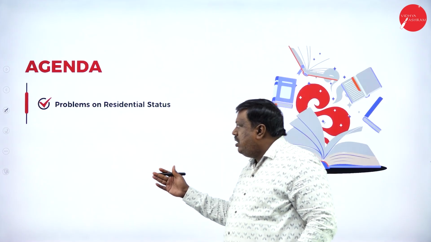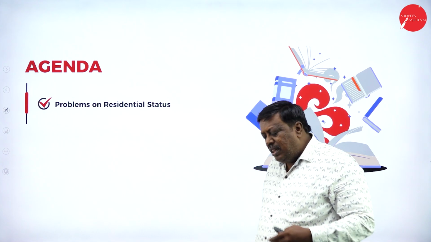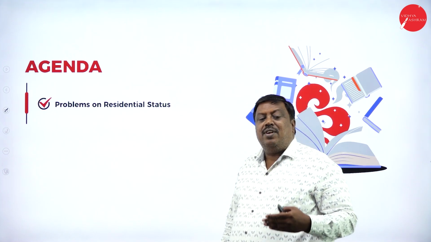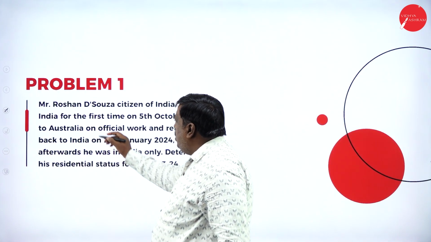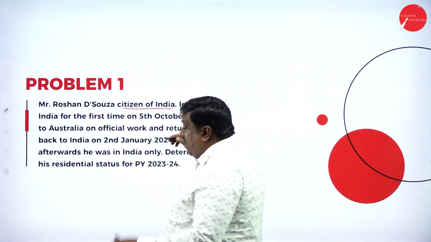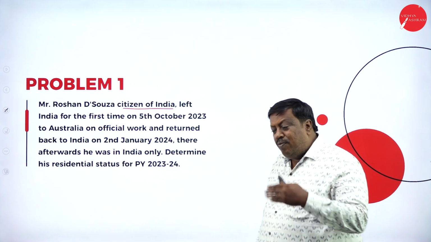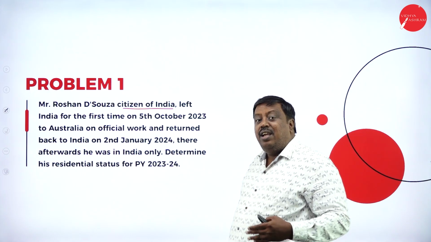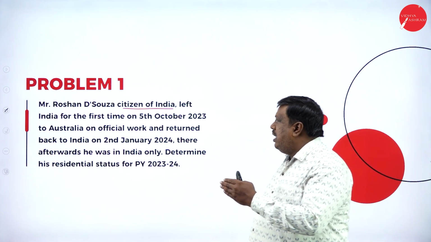In today's session, we're going to learn how to determine the residential status of an individual for the purpose of tax. The first problem we have here: Mr. Roshan D'Souza, a citizen of India. For the previous year 2023-24, we have to determine whether he is a resident or non-resident, and if he is a resident, whether ordinarily resident or not ordinarily resident.